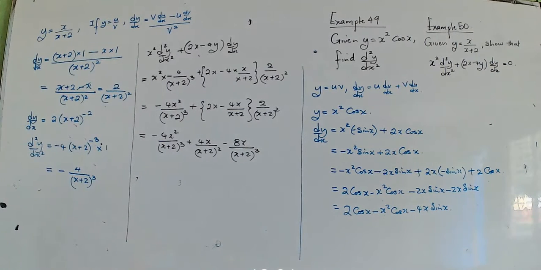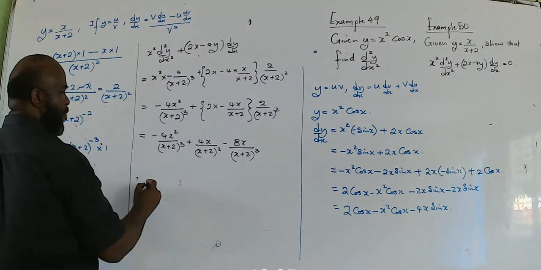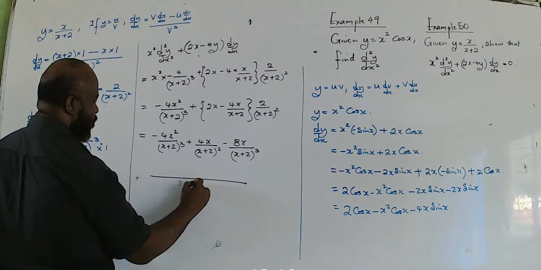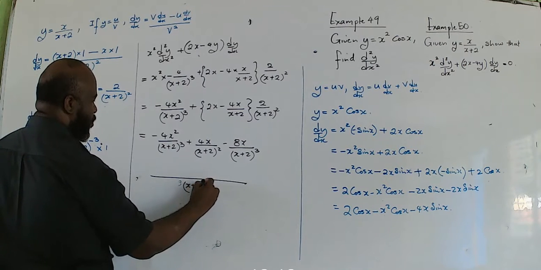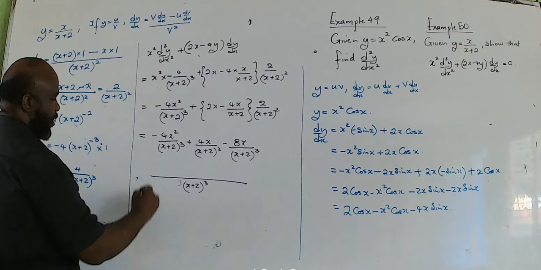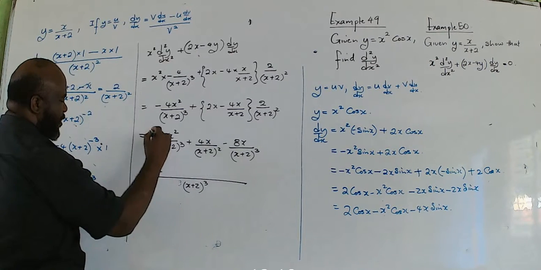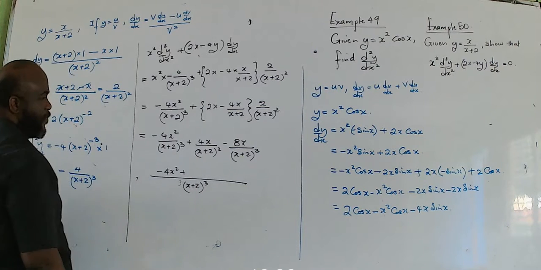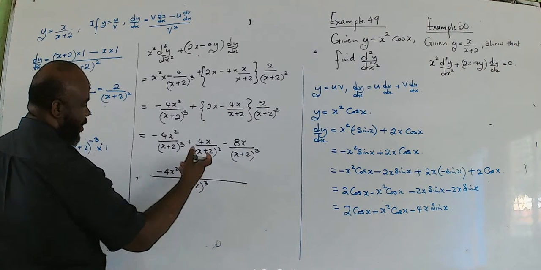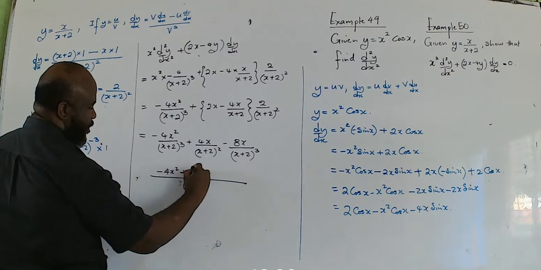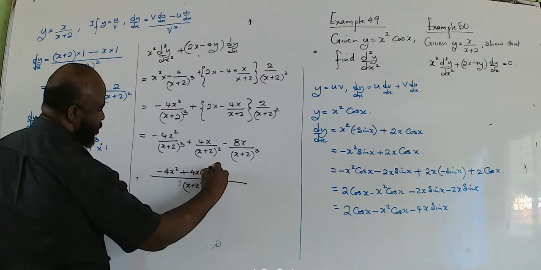Alright, let's find the LCM. LCM is x plus 2 cube. So x plus 2 cube into x plus 2 cube is 1. So it's minus 1 times 4x squared is 4x squared plus, here this goes into this x plus 2. So it's 4x times x plus 2.